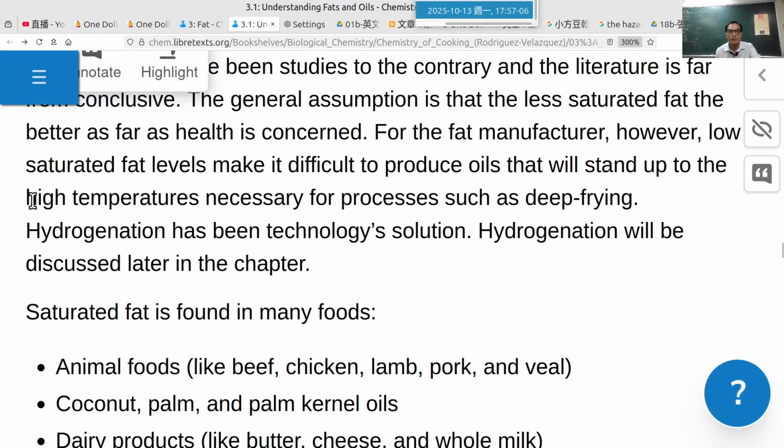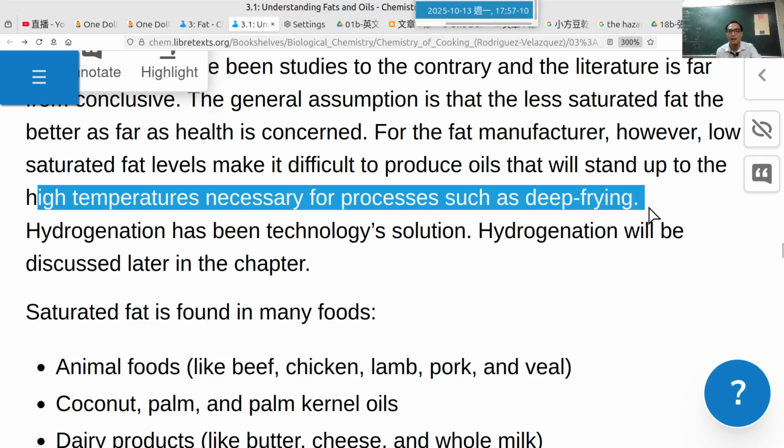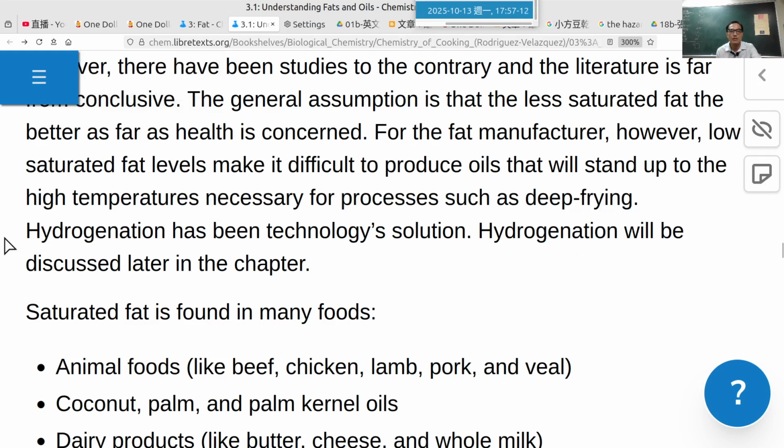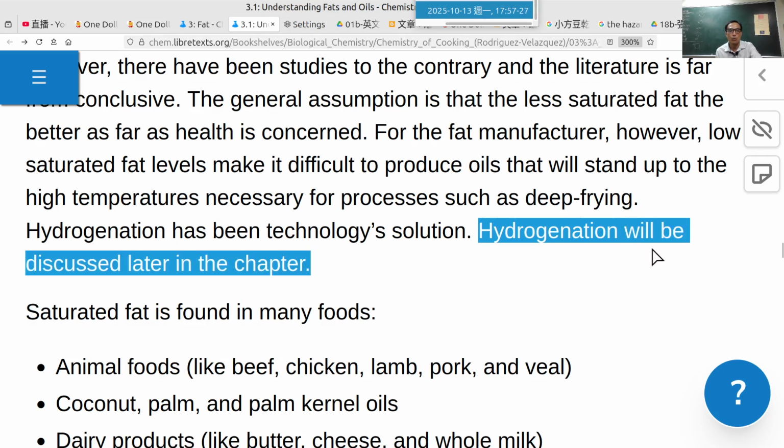So the high temperature is necessary for deep frying. Hydrogenation means adding hydrogen atoms into the oil. It's called hydrogenation, a technology solution. We'll discuss hydrogenation later in this chapter.